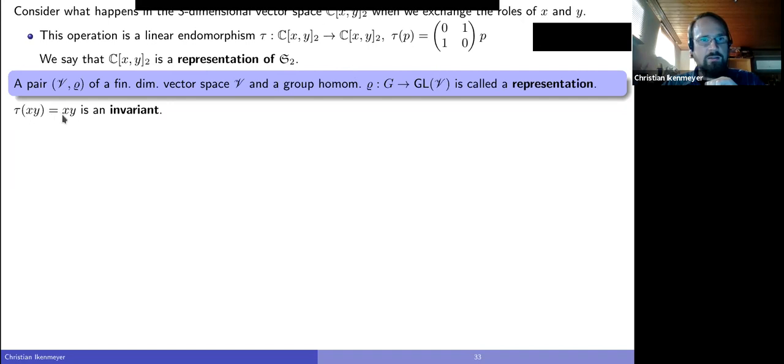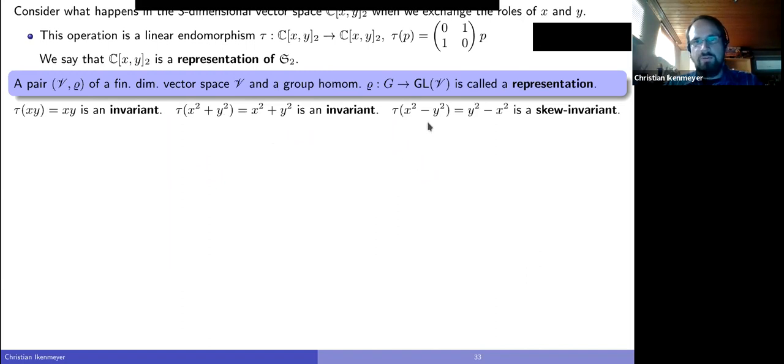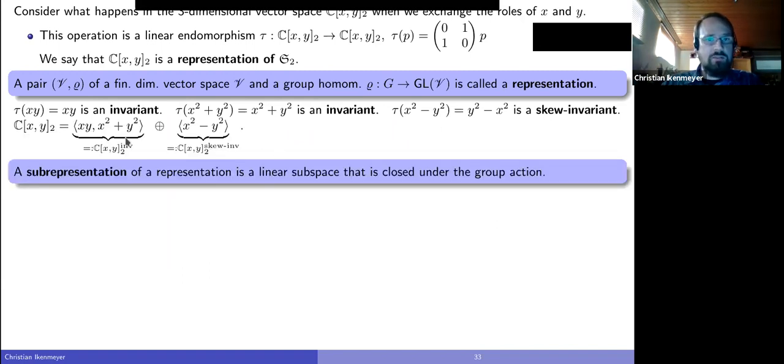We find that x times y is invariant under exchanging the roles of x and y. And x squared plus y squared is also invariant. And we find a third vector, linearly independent of the others, x squared minus y squared, which is mapped to y squared minus x squared. That is skew invariant. So we have a decomposition of our three-dimensional vector space into some invariants and some skew invariants, and this is a direct sum.